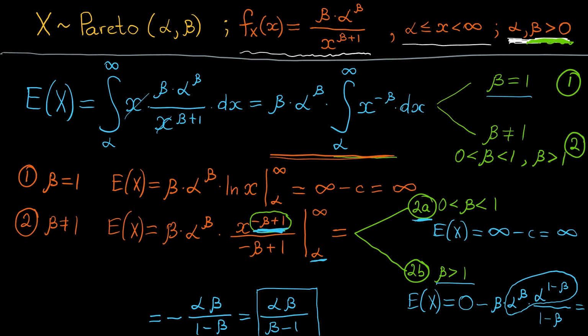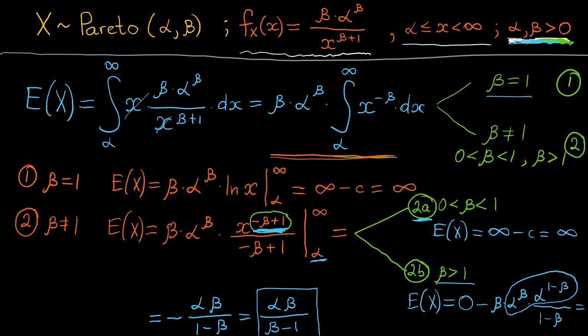So putting it all together, the Pareto family of distributions is special because we've shown, first of all, that it integrates to 1 for any value of the parameters, any acceptable value of the parameters, where acceptable here means that alpha and beta both have to be strictly greater than 0.